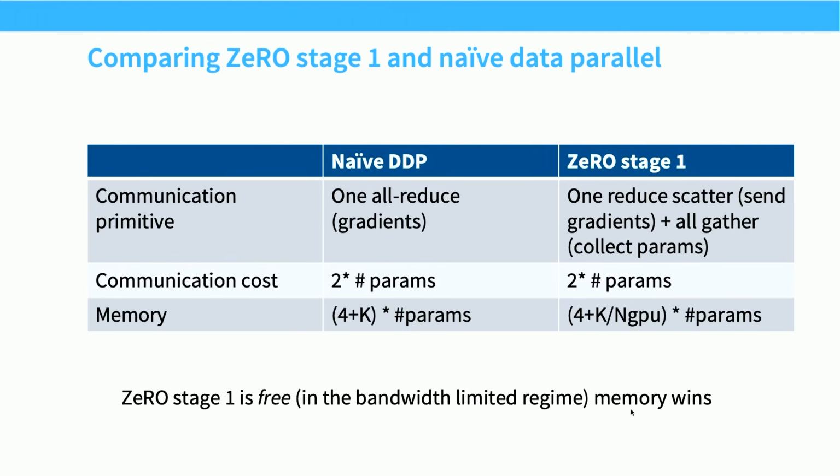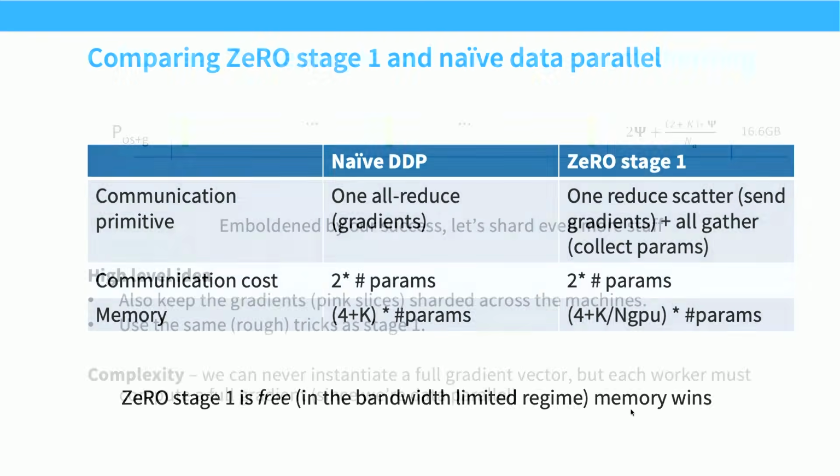But we already said a reduce scatter and an all gather is equivalent to an all reduce. So ZeRO stage 1 is going to have the exact same communication characteristics as naive DDP. So this was free memory savings, wonderful. And if we look at the memory, we've basically taken the parameters, and anything that's an optimizer state, and divided by n GPUs. Wonderful, wonderful, wonderful.